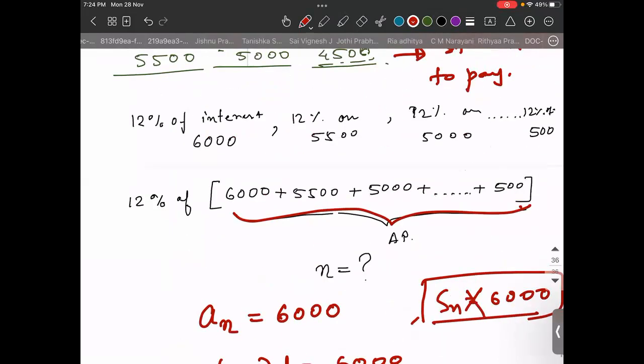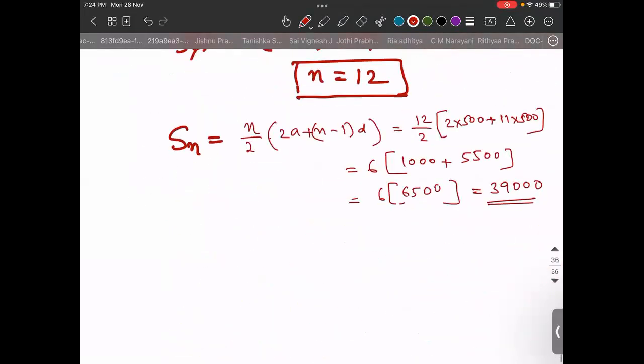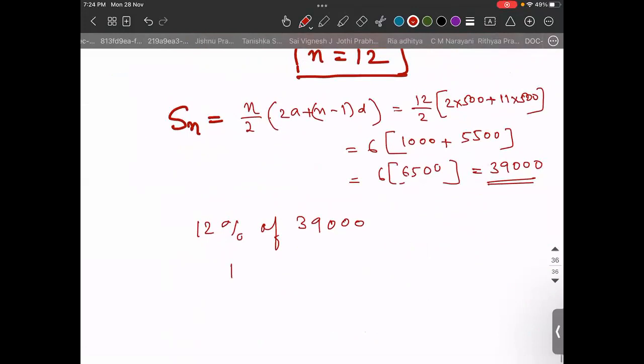of the series is 39,000. So 12%. Now find out 12% of 39,000. That will be 12 by 100 into 39,000. How much is that?